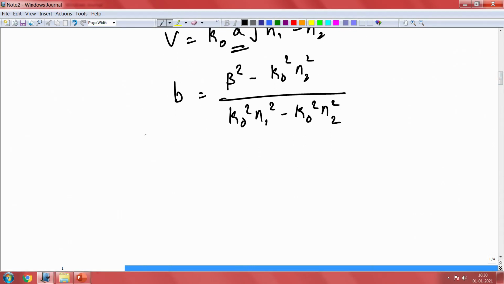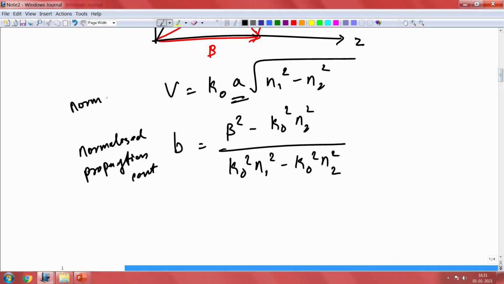So, b is nothing but the normalized propagation constant, and v is the normalized frequency here.